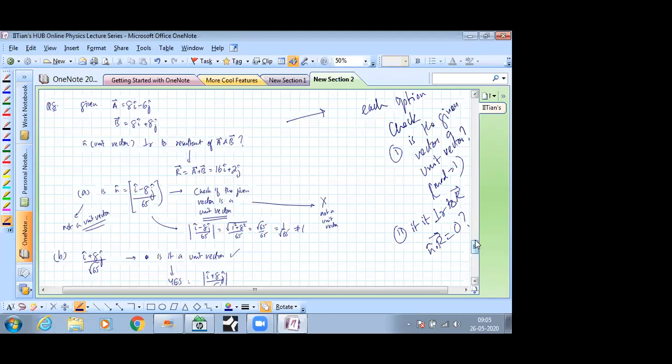It gives us a unit vector which is perpendicular to both the vectors A and B, not perpendicular to the resultant. So when we come to cross product, you will understand why. Yeah, exactly, Sarvesh. That's correct what you said.